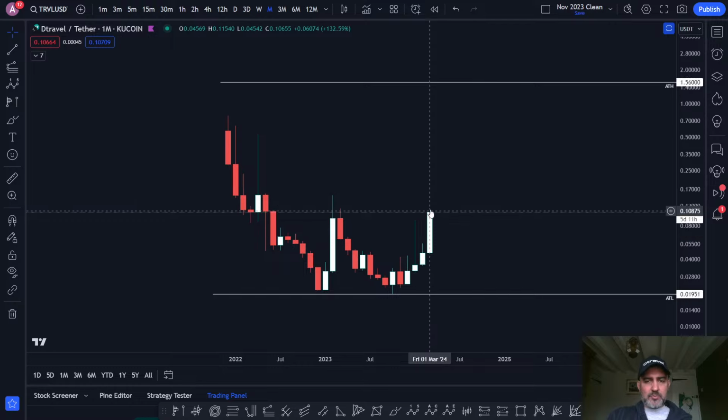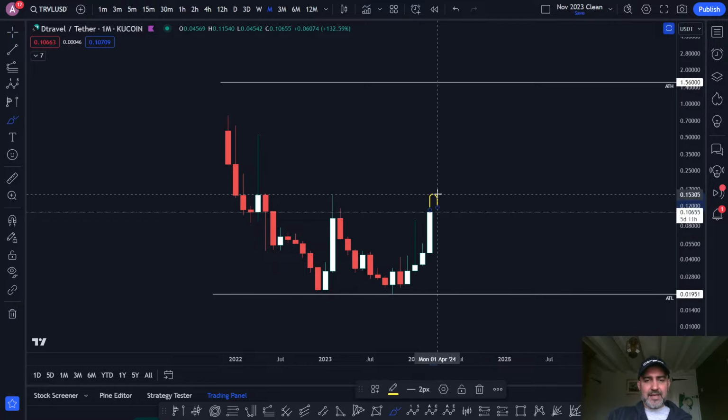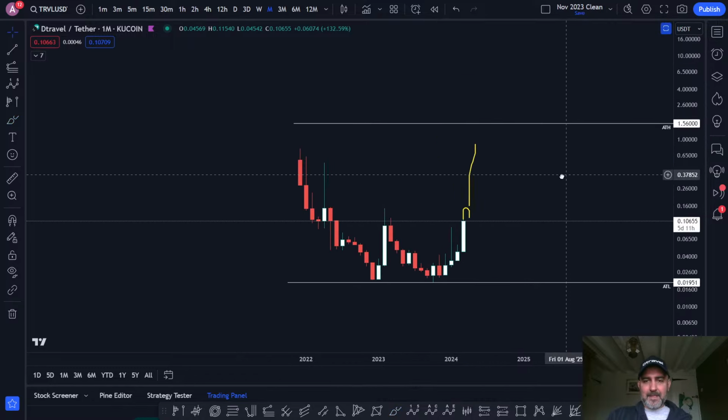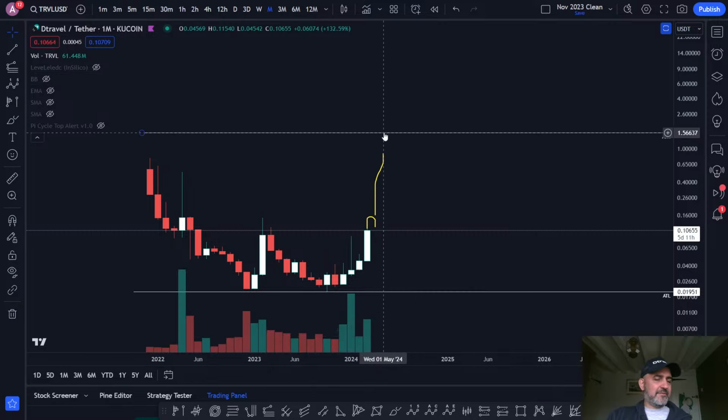If you end up with a green and then another green, the only way I would be okay with that is if on the monthly time frame I saw an increase in volume. I'd be okay if the volume kept on increasing.